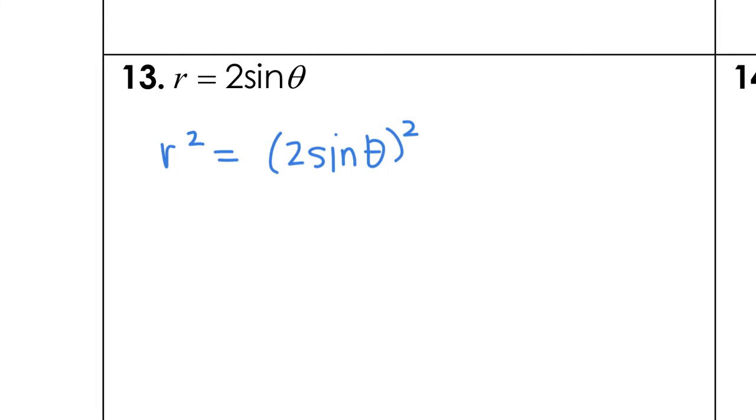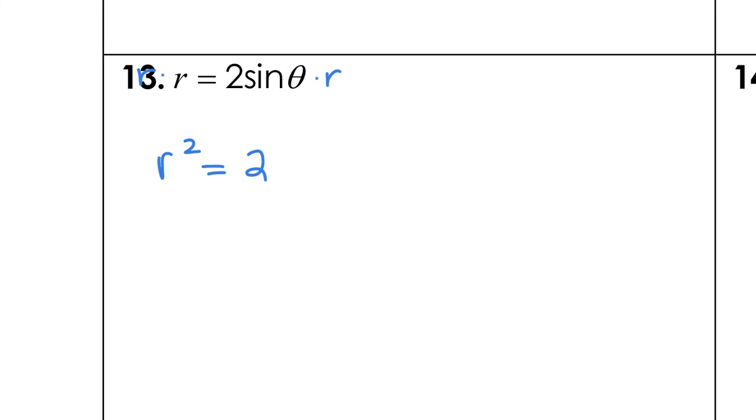You know what? Scratch that. I don't even want to do that. So as you can see, I'm kind of doing this as I go along. What if instead of squaring, I multiply by r? So times r, and then sending over here, times r. So it's still going to be r squared, but on this side, I'll have 2r sine theta.